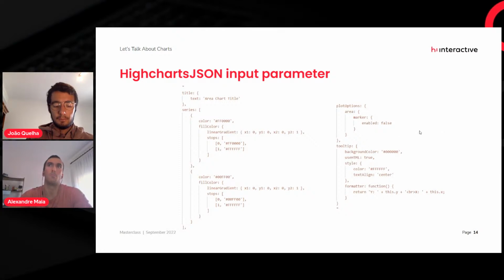This is just a simple example that I'm trying to show you guys of how a JSON file would look to customize your chart, and how you can have all these options simply in one input parameter, which is the iChart JSON. Like I said before, I personally like to place everything inside just this parameter as much as possible.